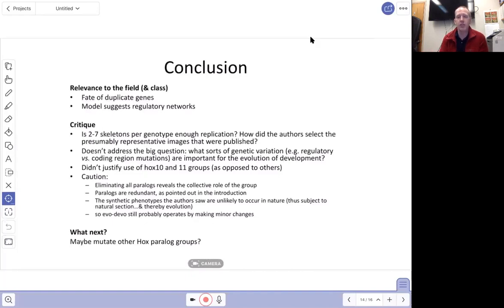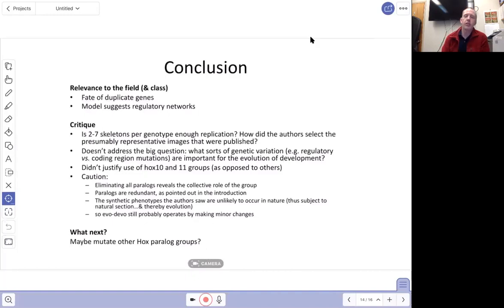Likewise, why did they use mice and not some other organism? You should expect to find those things justified in publications, and if they're not there, you should be a little bit skeptical and think more deeply about why that organism or those genes were chosen. Is there something else that the authors aren't telling us that we should know about?